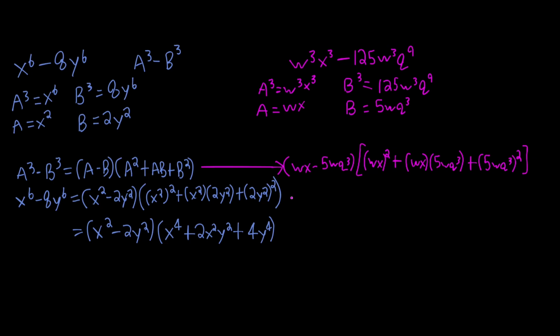Okay, so that's going to give me wx minus 5wq cubed, times w squared x squared plus 5, and this is where it gets a bit complicated, so just break it down, take it one variable at a time. Q cubed w squared x plus 25 w squared q to the power of 6. So that is the expression that you should get for the factored form of w cubed x cubed minus 125 w cubed q to the power of 9.